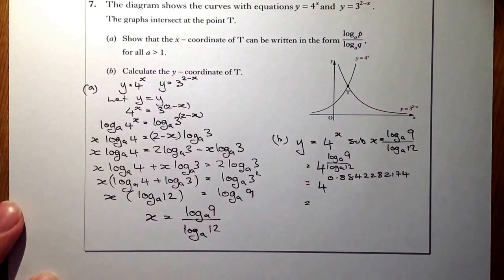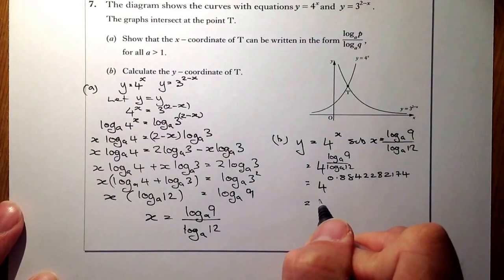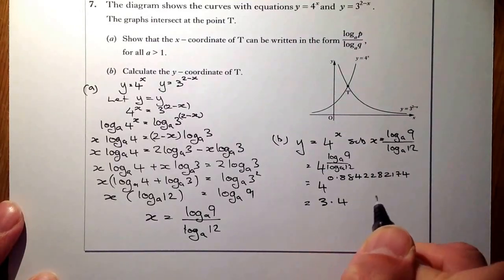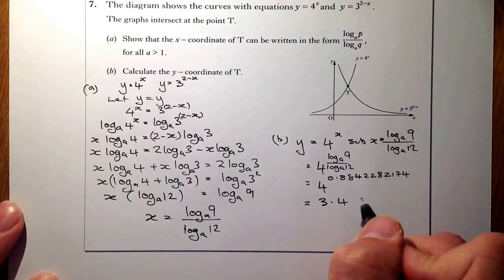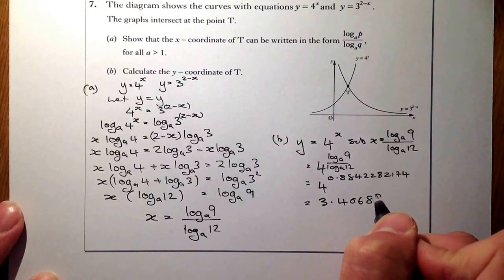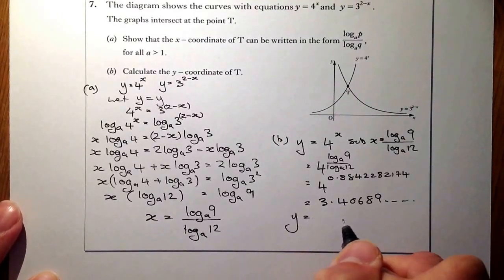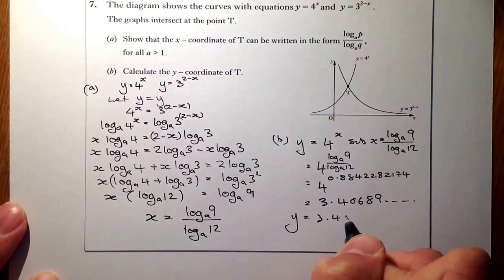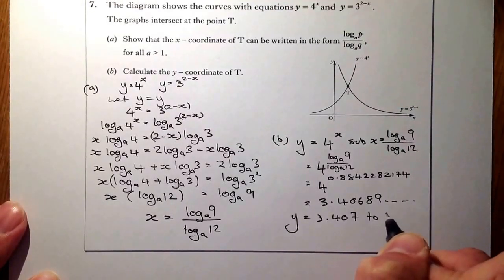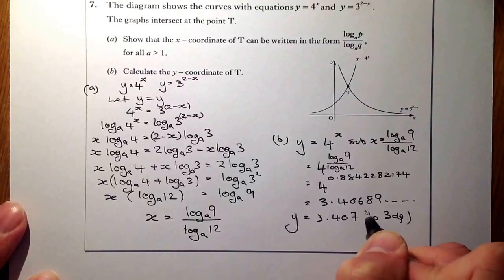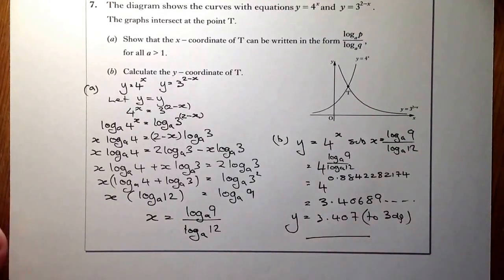And then if I evaluate that in the calculator, the value for y will be 3.40689 and so on. So I'll say that y is going to be equal to about 3.407, to 3 decimal places. And that there would be the question complete.